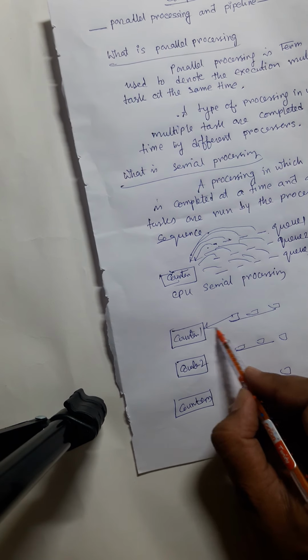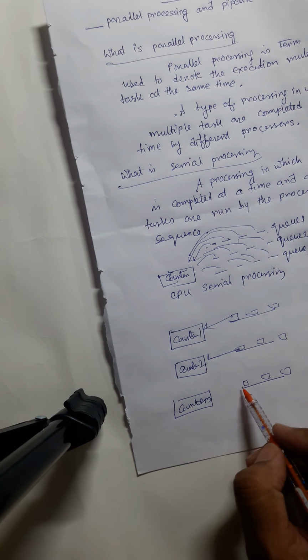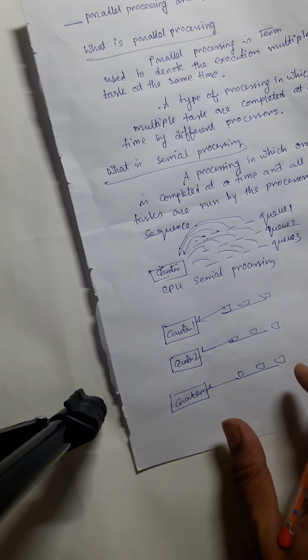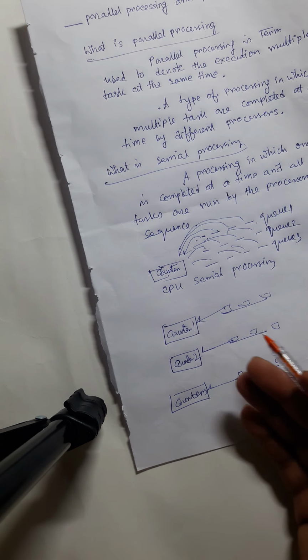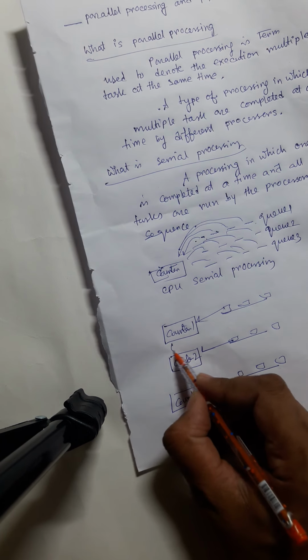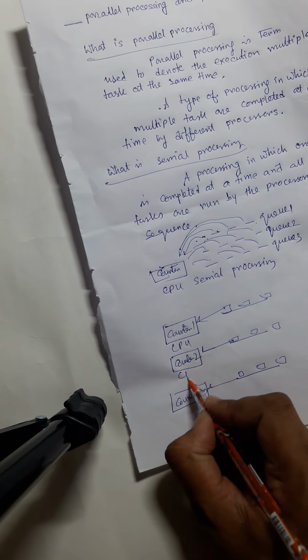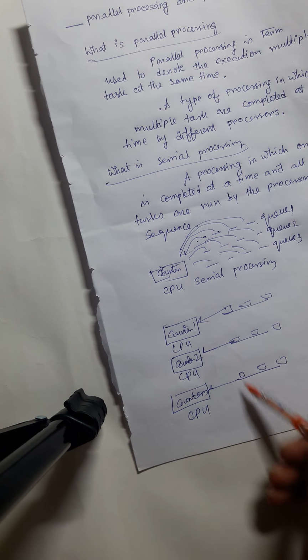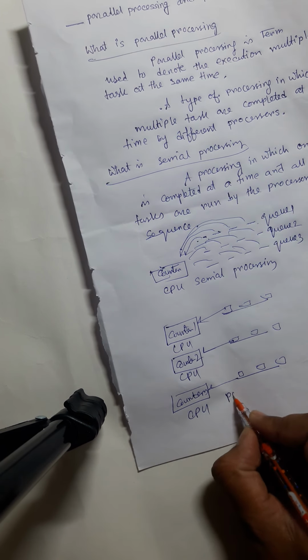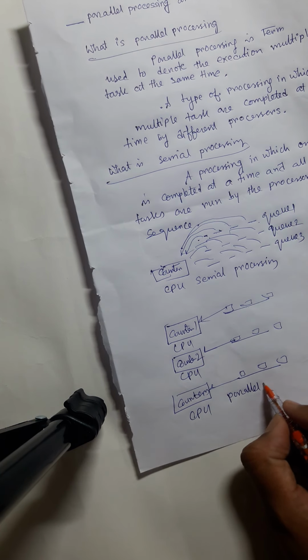Counter 1 executes, counter 2 executes, counter 3 executes. So multiple tasks are executed simultaneously. So many CPUs are there, and they execute simultaneously. That is known as parallel processing. So this is a simple example.